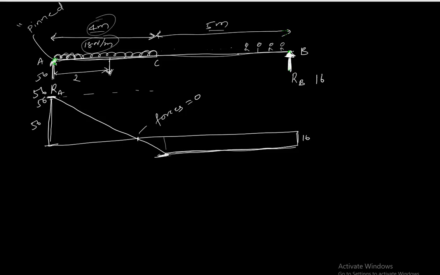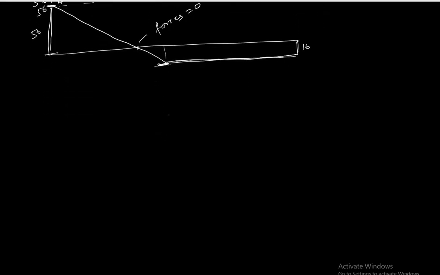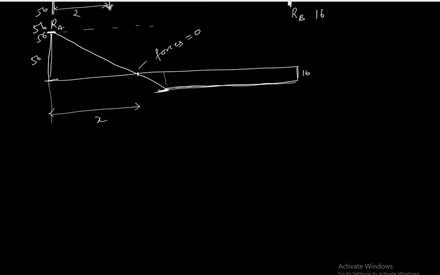Let us say this point here is some x units from here. Okay, so remember this is 4, and from here to here this is 5, right?